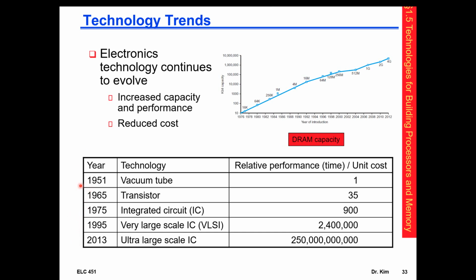So the vacuum tube, if we go back to 1951, and we normalize performance and cost, the ratio of performance per unit cost, and we say that in the era of the vacuum tube, that was 1951, and we start projecting and figuring out this ratio as in 1965, when the pervasive technology was transistors.